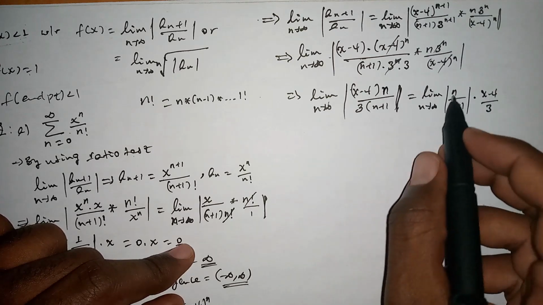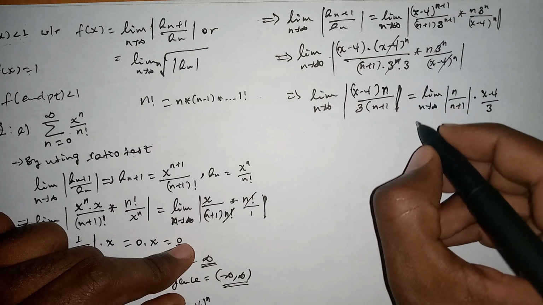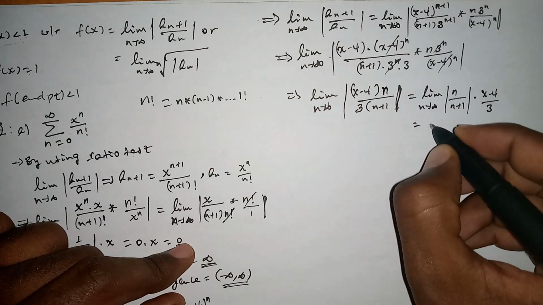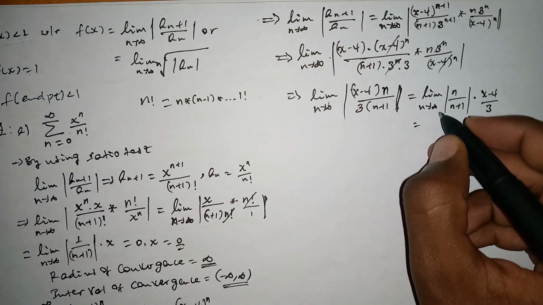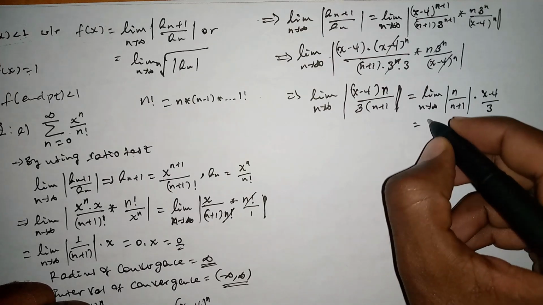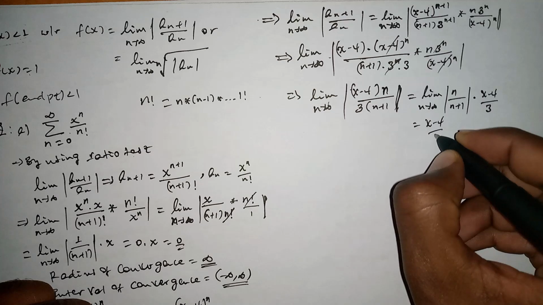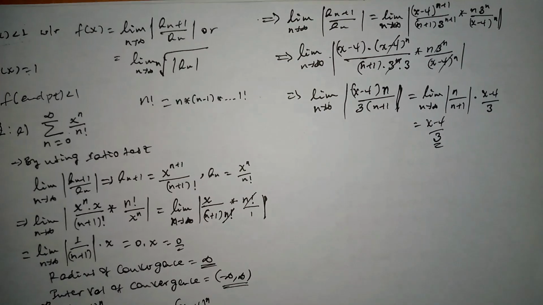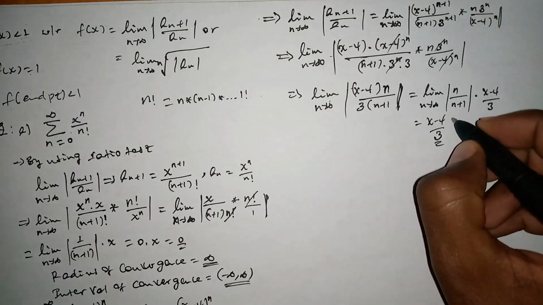What's the result of this limit? The limit of n over n plus 1 becomes 1. So 1 times (x minus 4) over 3, which is what we got here. So this is f of x.